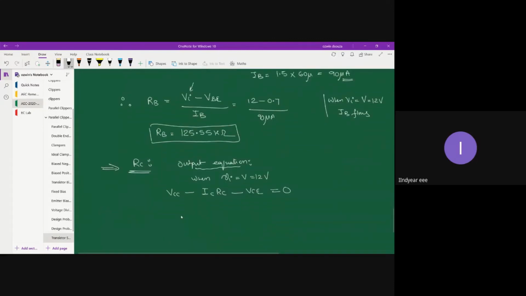Under the on state, VCE is approximately 0 volts. We have seen that your VCE lies very close to the origin for on state operation. Hence, you can write RC is equal to VCC divided by IC, that is VCC divided by IC saturation, and IC is equal to IC saturation for on operation of the device.